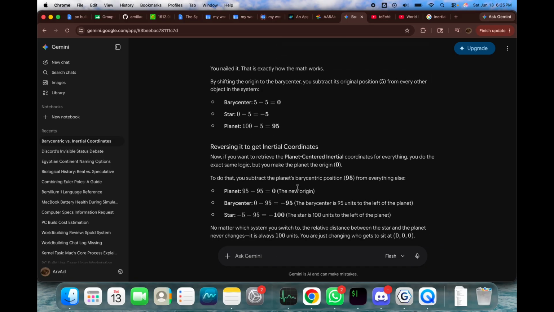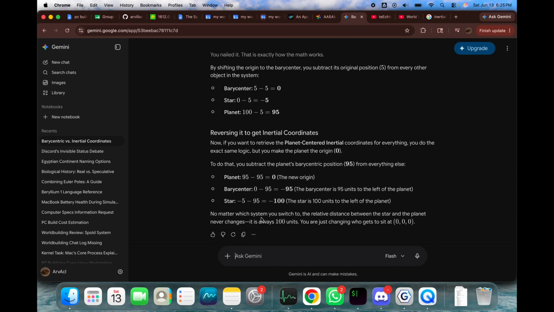Subtract the planet. Oh yeah, so you're basically being forced, you're losing some form of information as it started. That is what's happening. Okay, I think that's clear. I guess we're just going to use the star for this.